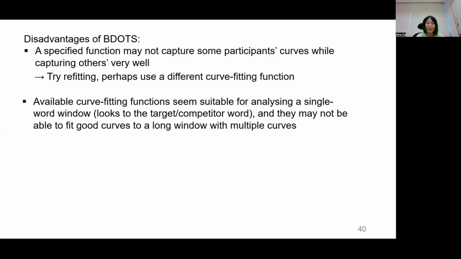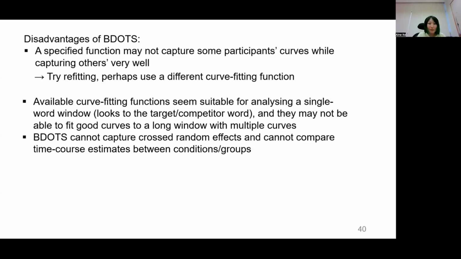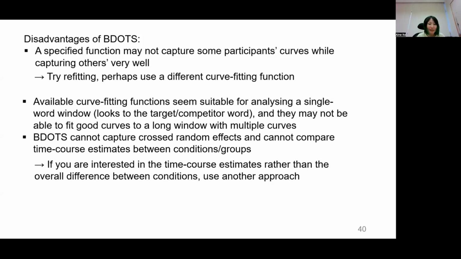You may have some different pattern, and in that case you might not be able to use these available curve fitting functions for your data. VDOT also can't capture cross-random effects and can't compare time course estimates between conditions or groups. So if you are interested in the time course estimates rather than the overall difference, then it might be better to use another approach.